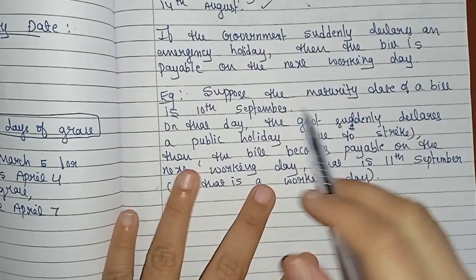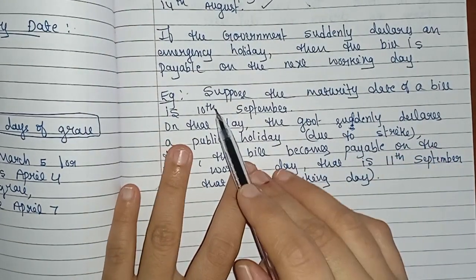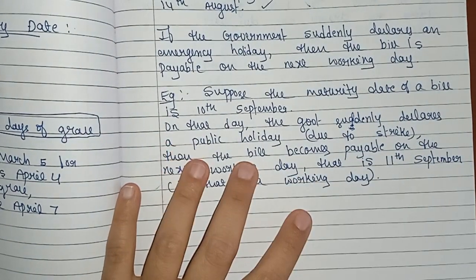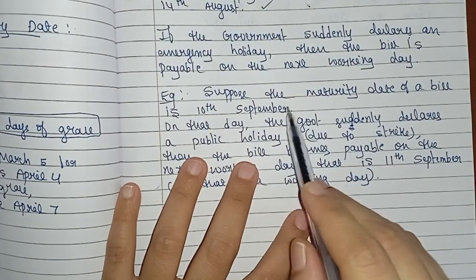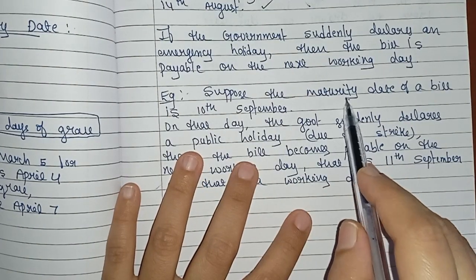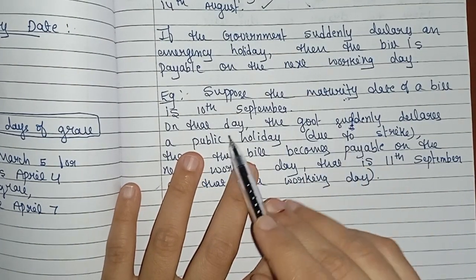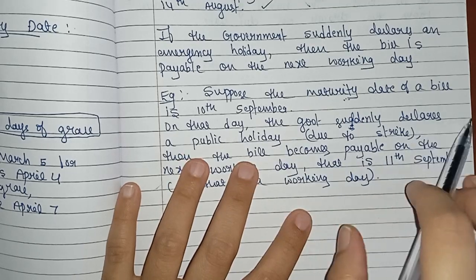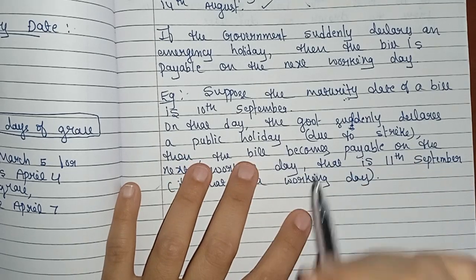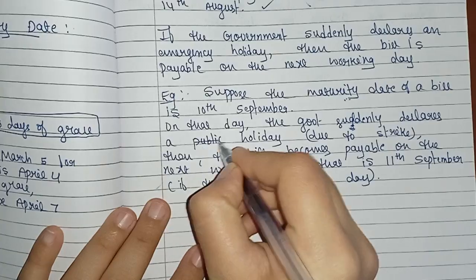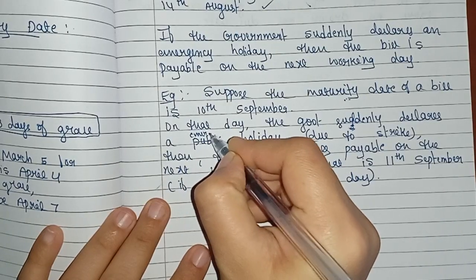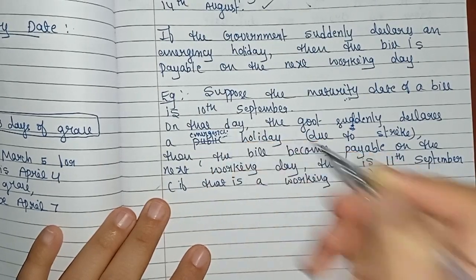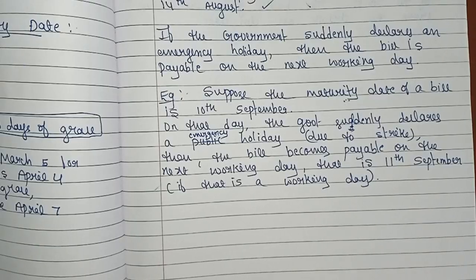For example, suppose the maturity date of a bill is 10th September. The maturity date given directly means due date plus 3 days of grace. On that day, the government suddenly declares an emergency holiday due to strike.